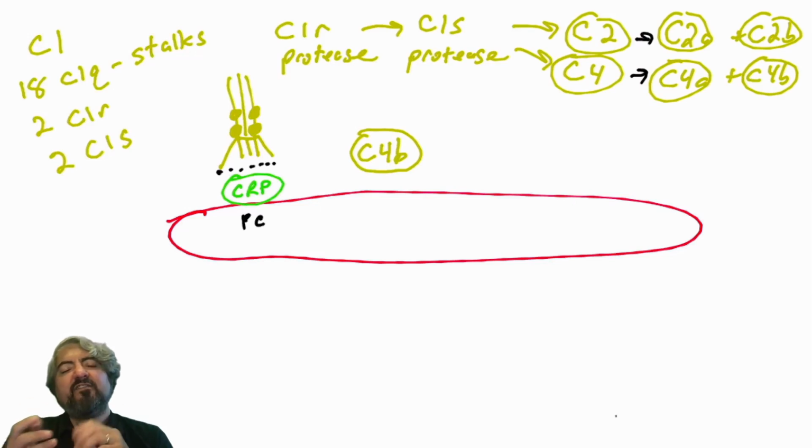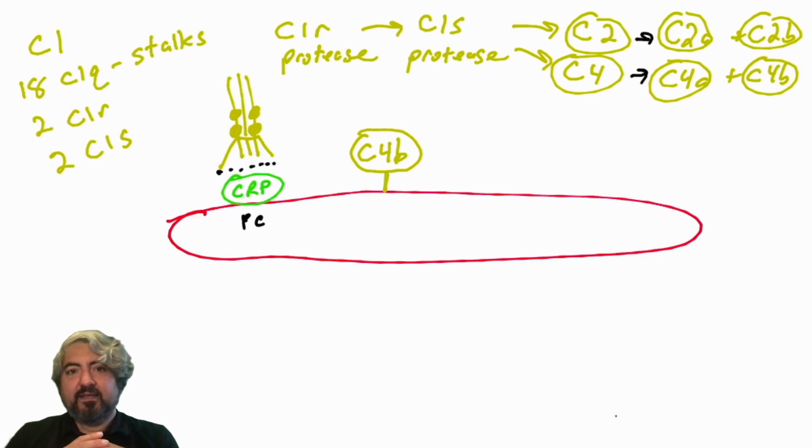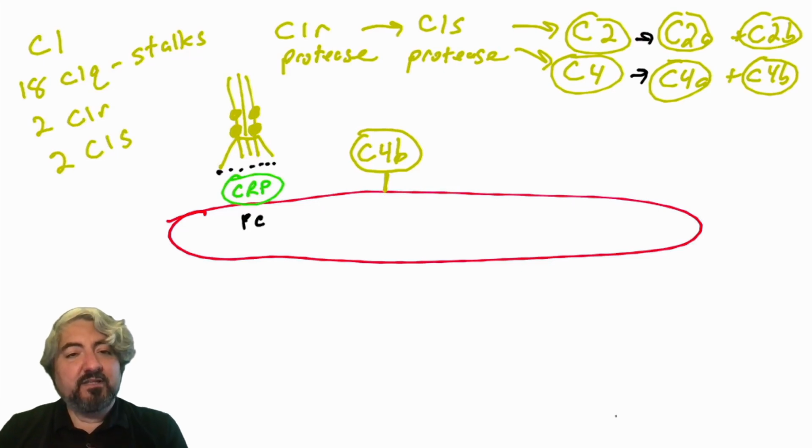There was a very reactive thiol ester bond in C3b, which allowed it to interact with molecules covalently, and it got affixed to the surface of pathogens. Well, guess what? C4b has a thiol ester bond. When C4 is cleaved to C4a and C4b, that thiol ester bond is exposed, and C4b can covalently attach to other things like the surface of pathogens.